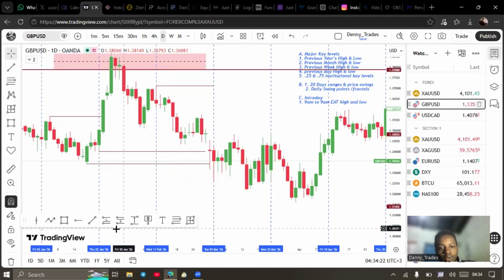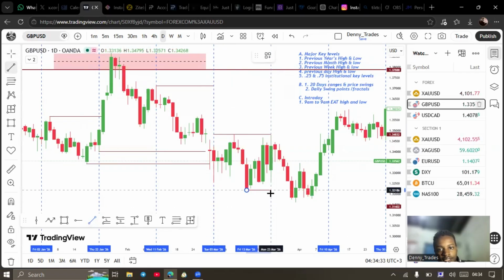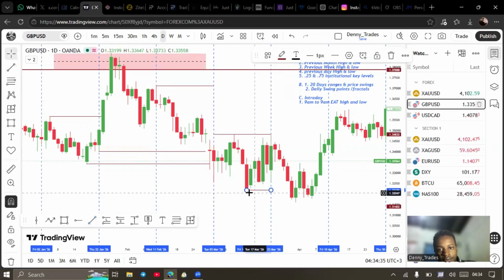Okay, so we also mark this 20 days range high and low. Okay, we have that range high, and we also have the range low. This is the highest high and this is the lowest low in these 20 days ranges.